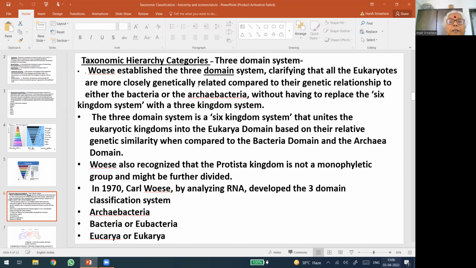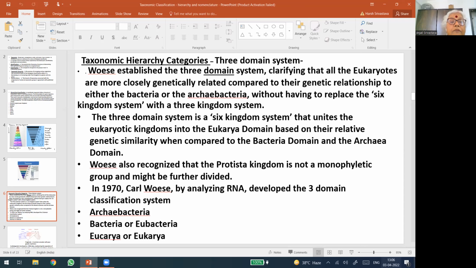That has been modified by Carl Woese from 1970 to 1990. The finalized version was accepted in 1990 by Woese as well as other taxonomists, which divided into the highest group of this hierarchical category as the domain.